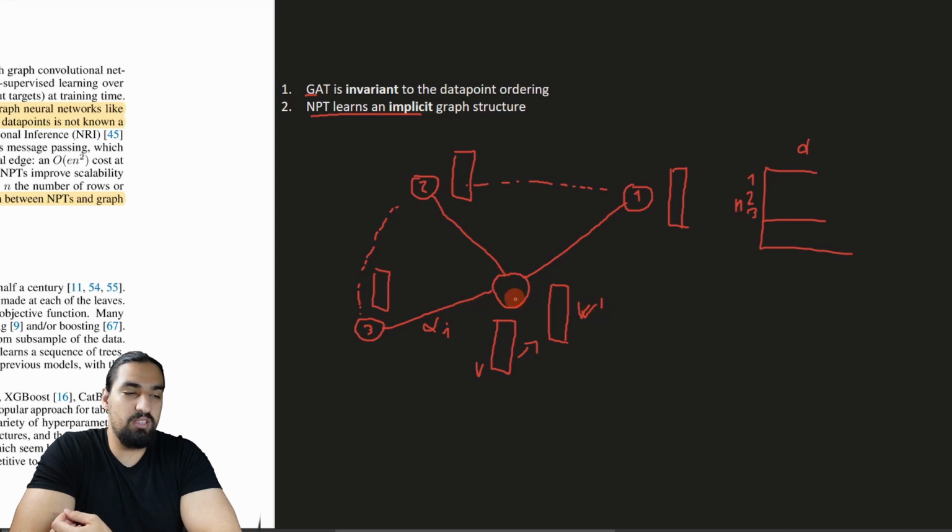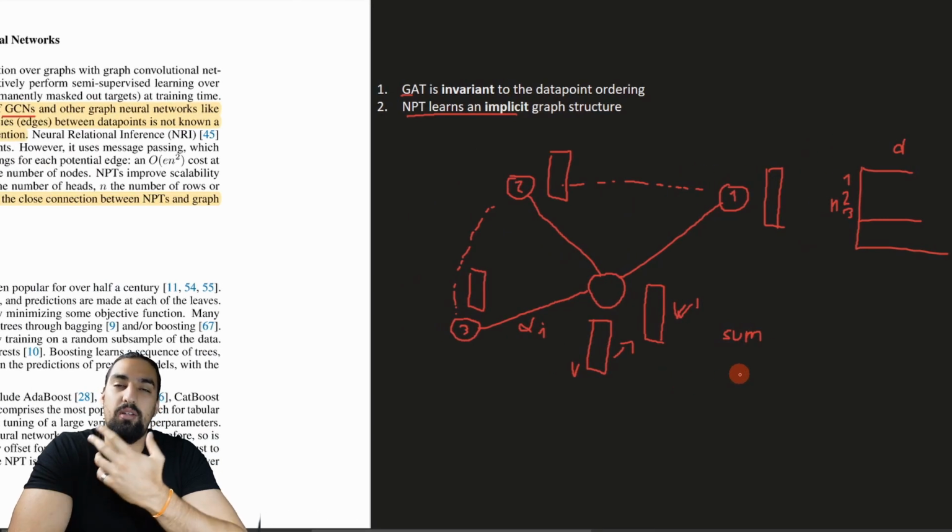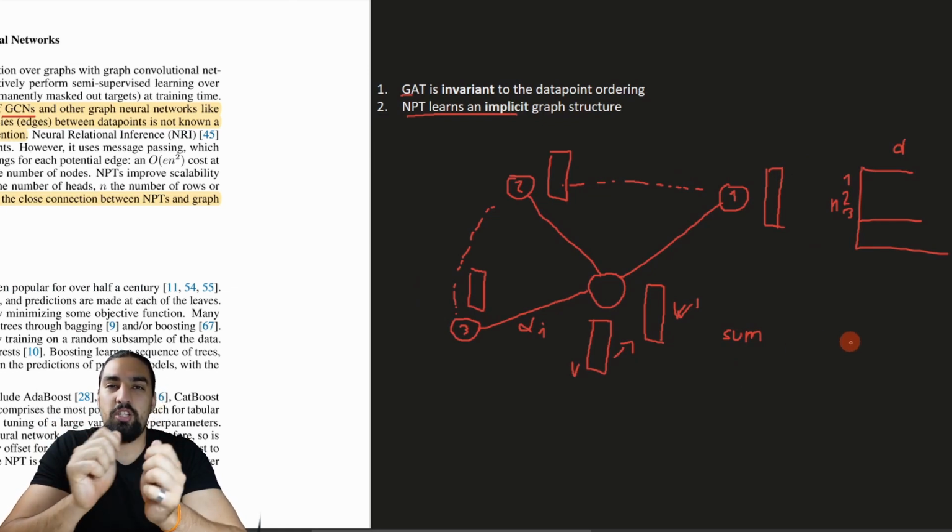This is because what graph attention network does is it just sums up these values, and sum enables us to have this invariance property, right? Because sum doesn't care about the permutation of your input.